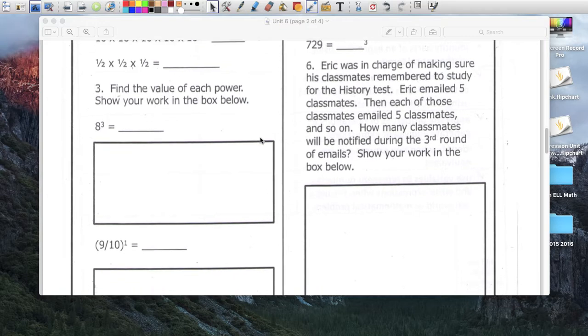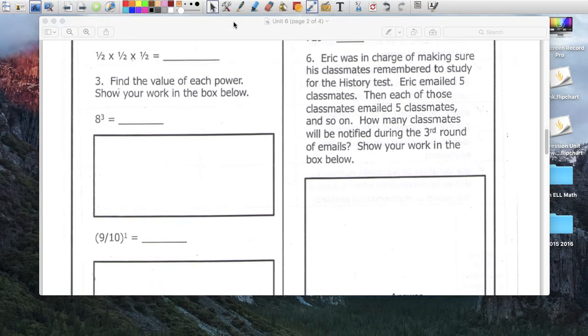Eric was in charge of making sure his classmates got the message. Eric emailed 5 classmates. Here's Eric. He emailed 5 people: 1, 2, 3, 4, 5. And each of those 5 people emailed 5 people. This person, 1, 2, 3, 4, 5.